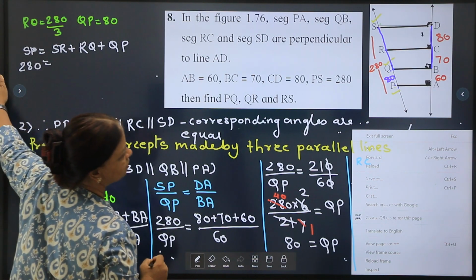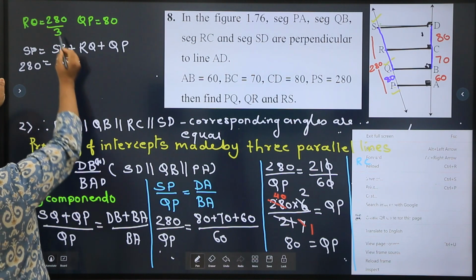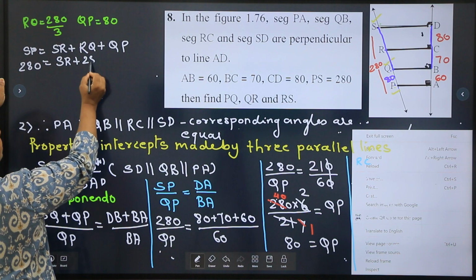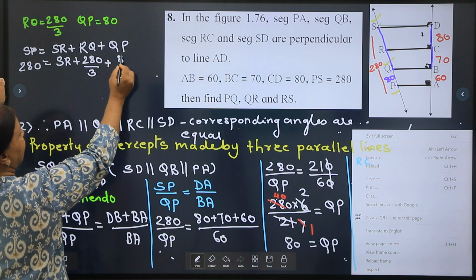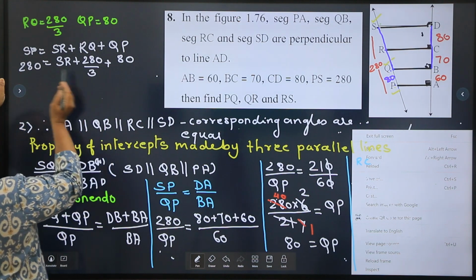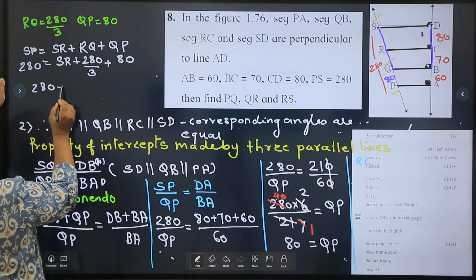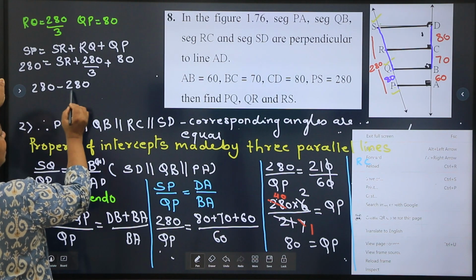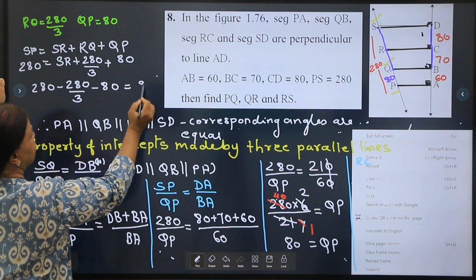SR we want to find out. RQ we got 280 upon 3 plus QP we got 80. Now I will be shifting everything this side. 280 minus 280 upon 3 minus 80 is equal to SR.